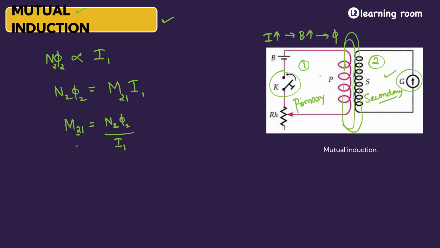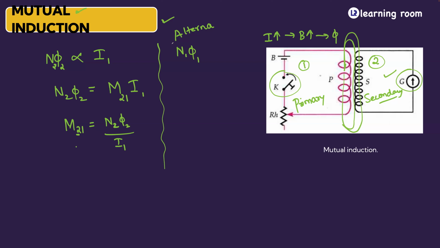That's the idea. Suppose I interchange and write it. Suppose I take this as the first coil, this as the second coil, because numbering is in my hand. Then I can write N1 phi 1. See, this is only alternate information.